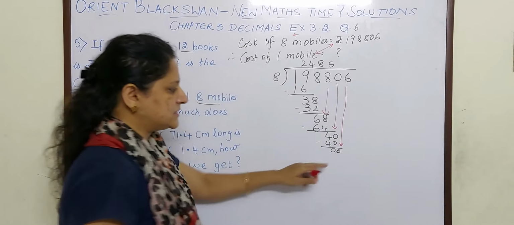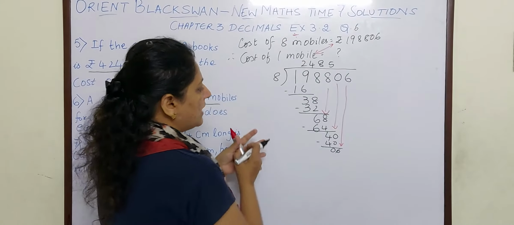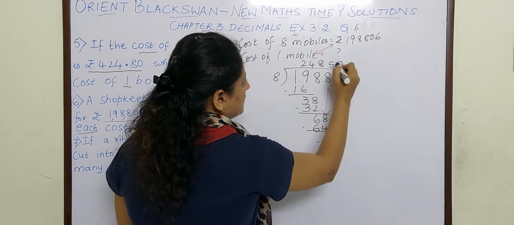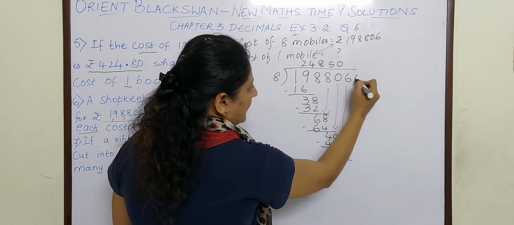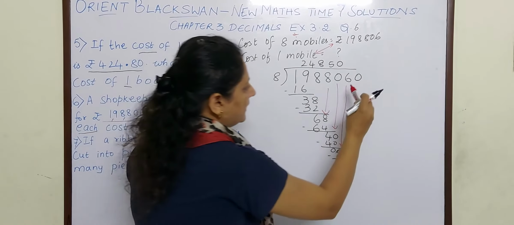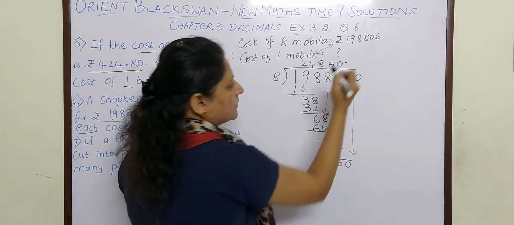But if you see this 6, this is smaller than 8, so it will not be divisible. So I will be writing 8 zeros are 0 and then bringing down 6 and adding one 0 in the dividend, and when I bring down this 0, I will be placing a point here.